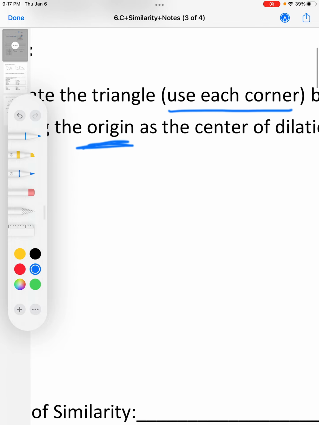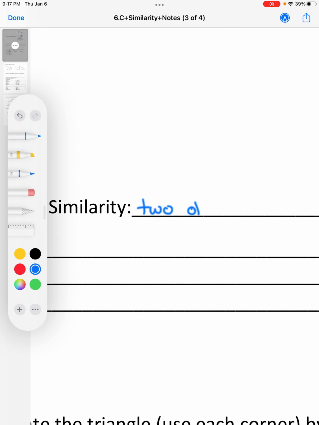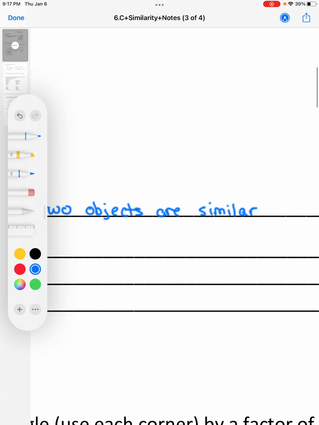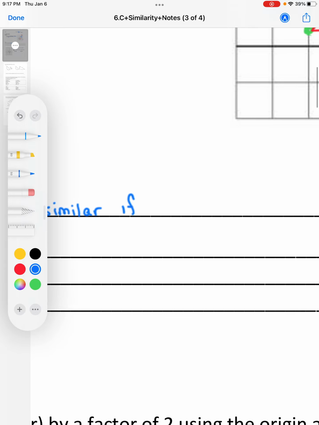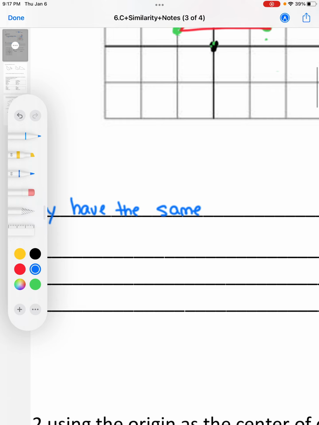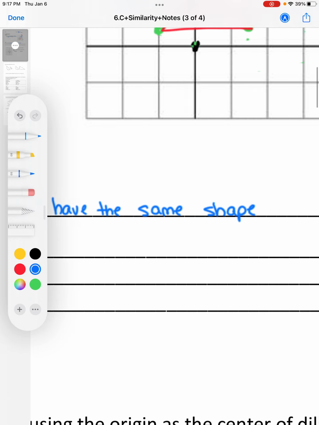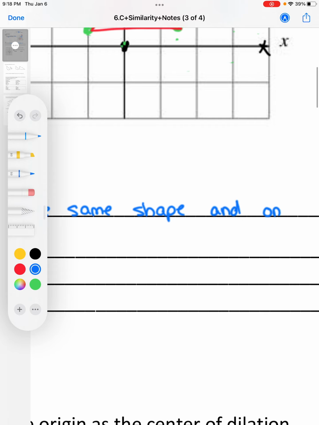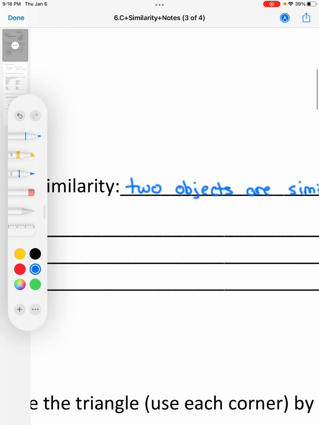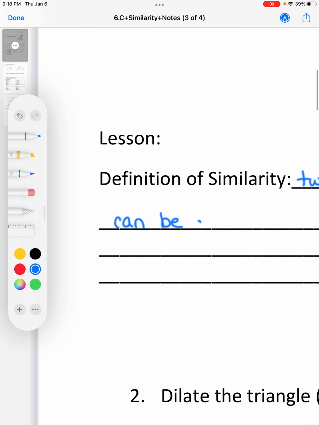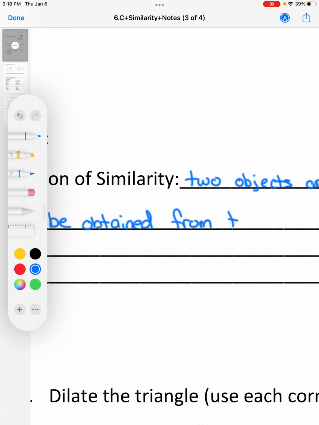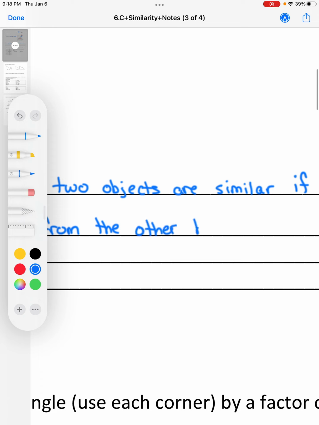So we say two objects are similar if they have the same shape, so the same shape, okay, and one can be obtained from the other by dilating.